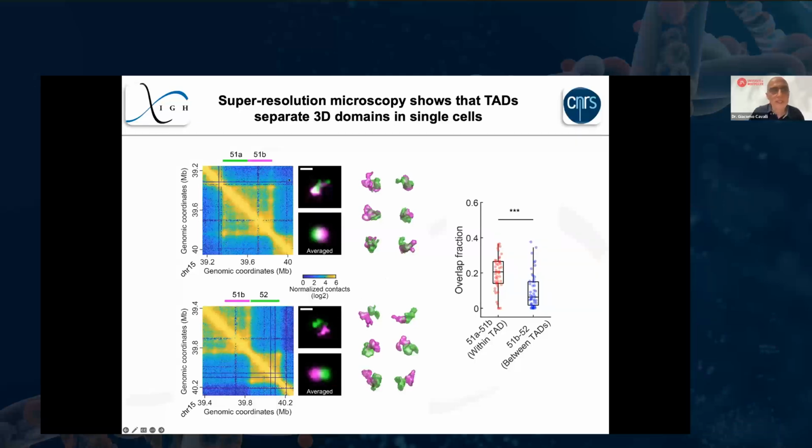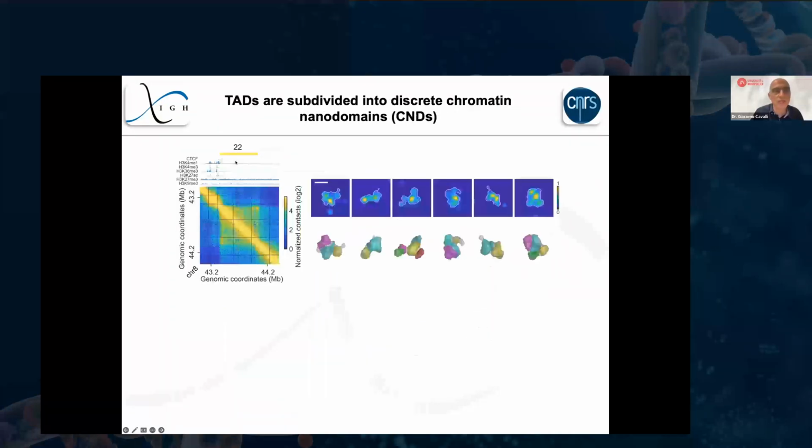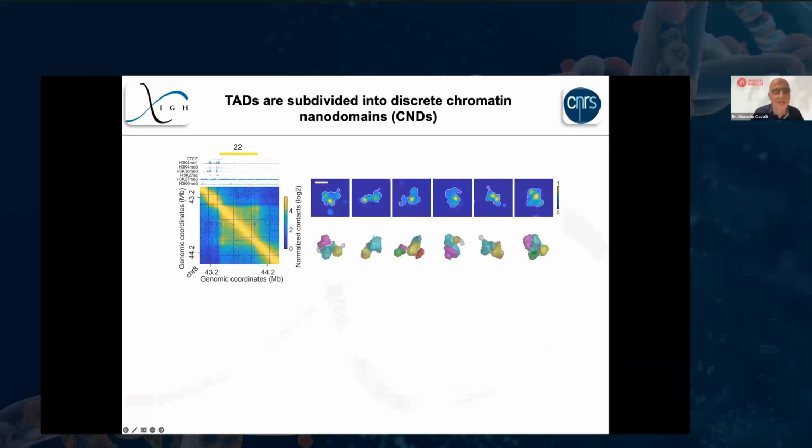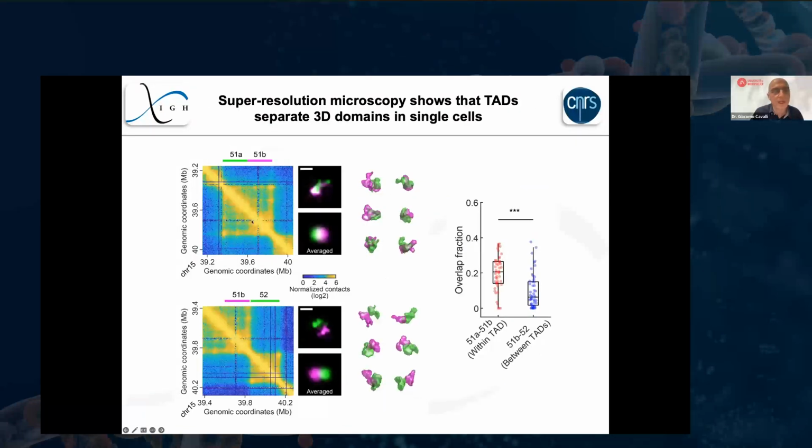And what we see is indeed TADs are sort of separated in nuclei. If you take two probes that are in the same TAD, because they're in the same TAD, you expect them to sort of intermingle if you do a FISH microscopy and look by super resolution.